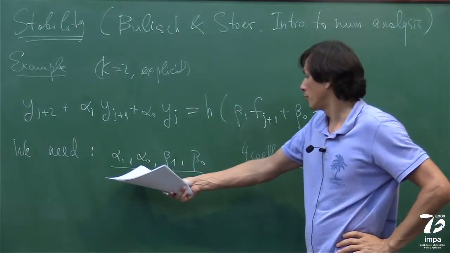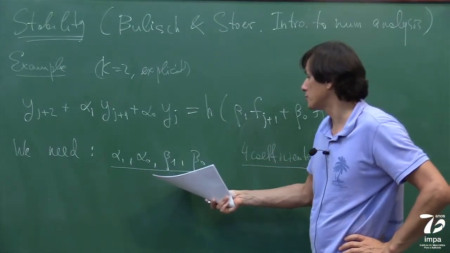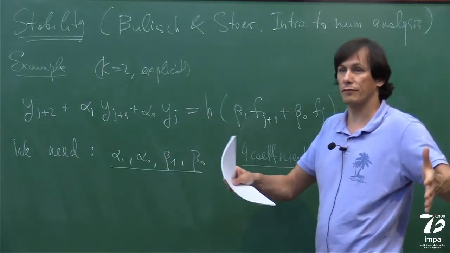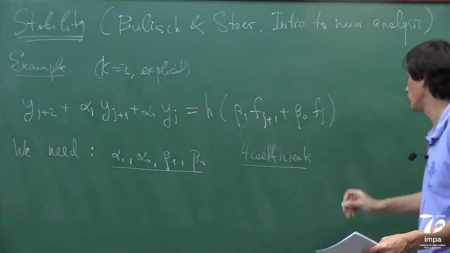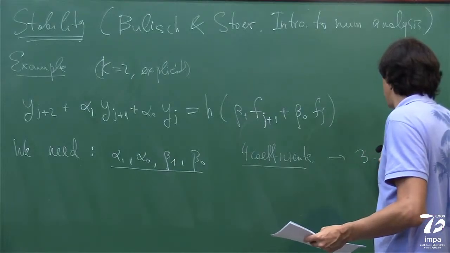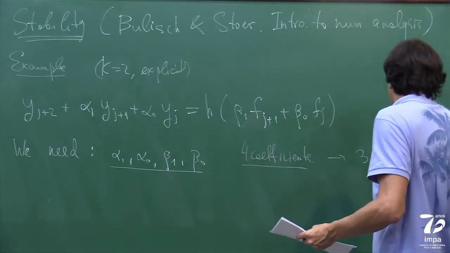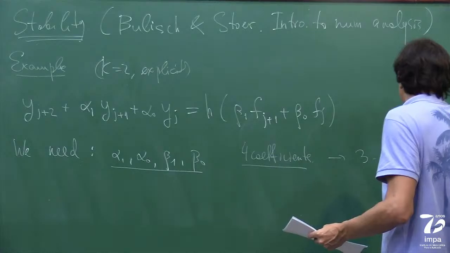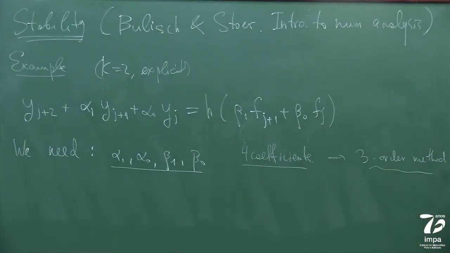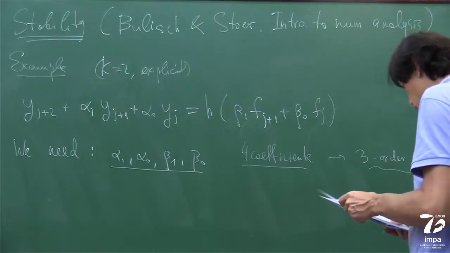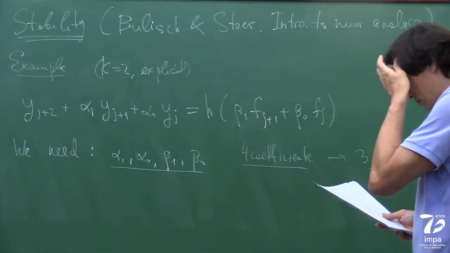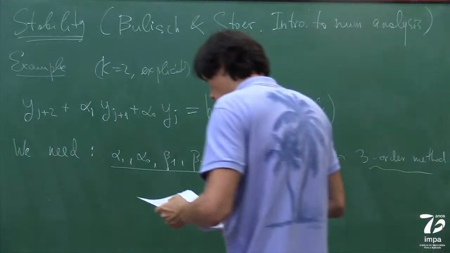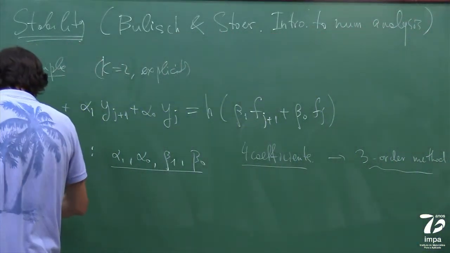And it's clear that with 4 coefficients we can expect to compensate the 4 first terms, so this will be a third order method. So this is an expectation, because up to the third order term, you can compensate everything. We expect. So now let's do it. Discretization error.